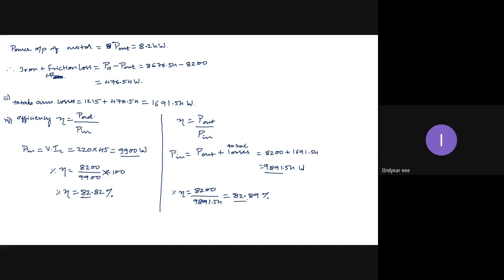There is no change. So that is one more way to find the efficiency. P in, the input, can be given as output plus losses, and output can be given as input minus losses. So this is how to find the efficiency of a DC motor. Any doubts?